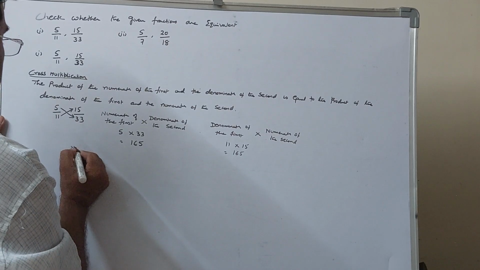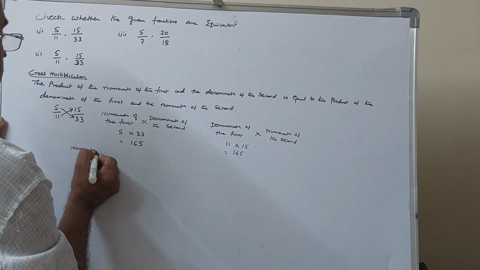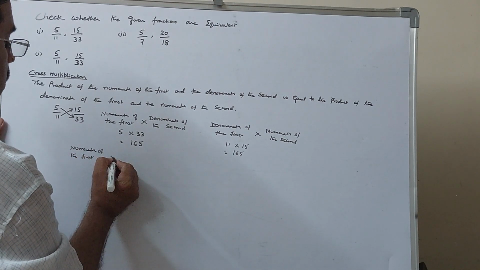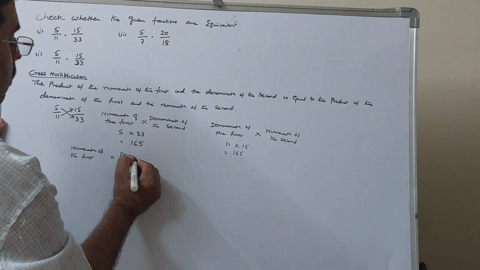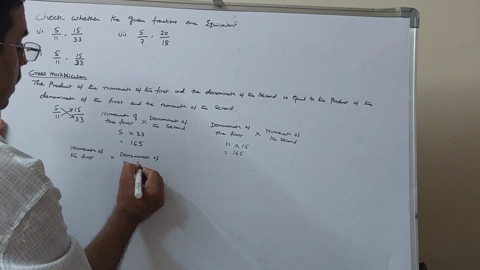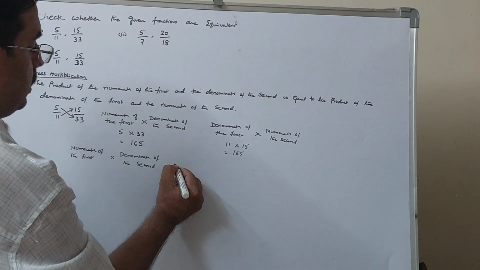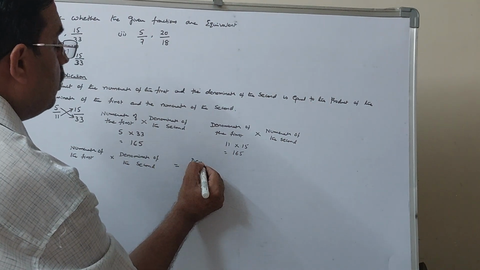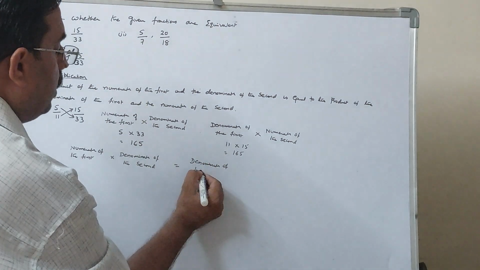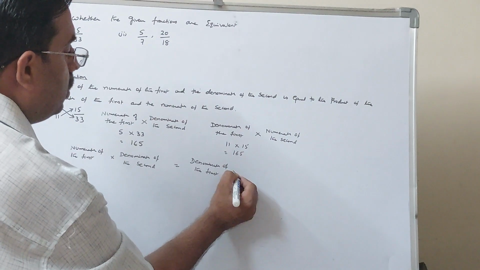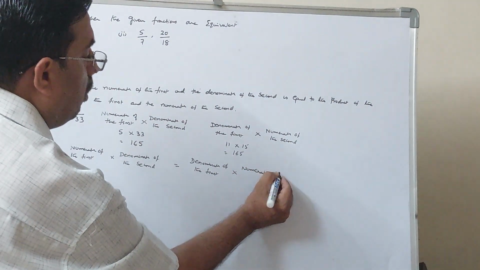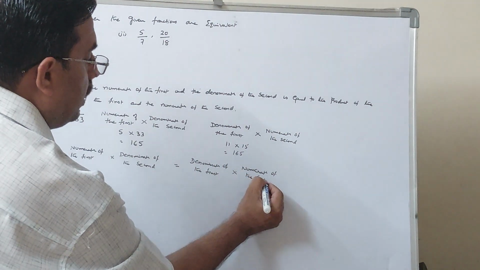So numerator of the first into denominator of the second is equal to denominator of the first into numerator of the second.